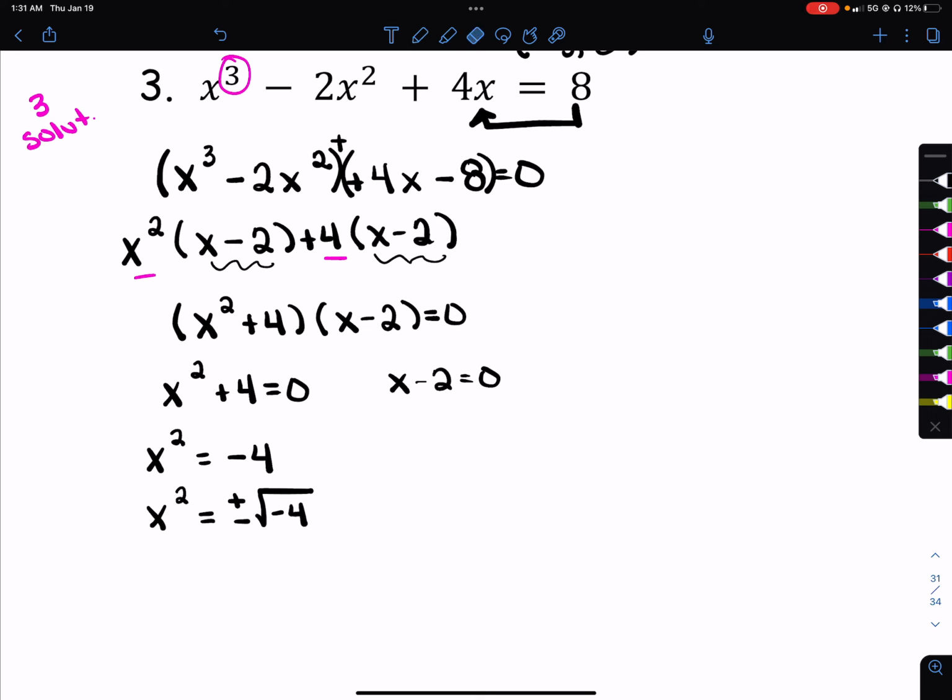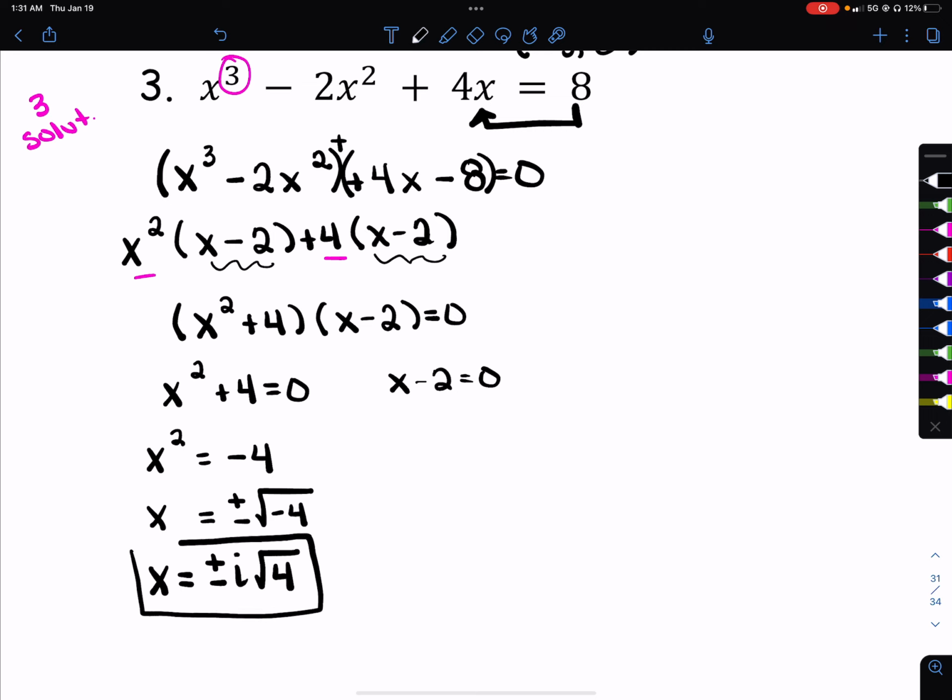Back up. This is x. So I took the square root, so I have x equals plus or minus the square root of negative 4. Okay, so when you take the square root of a negative number, we can't do that. So that's when it becomes imaginary. This is when it becomes complex. So x equals plus or minus i radical 4. That there is 2 of my 3 solutions.